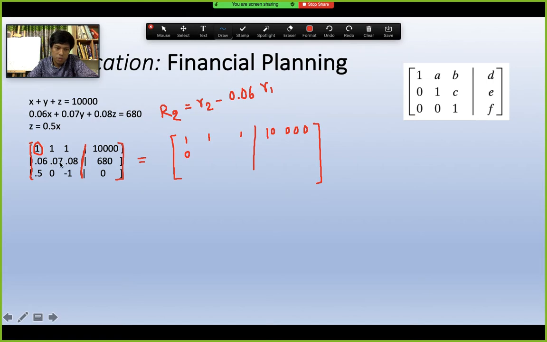So 0.06 into 1 equals 0. This is 0.07 minus 0.06, that means this equals 0.01. 0.08 minus 0.06, that means this is 0.02.